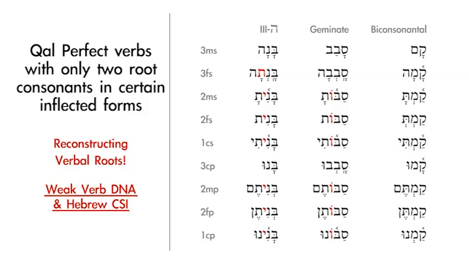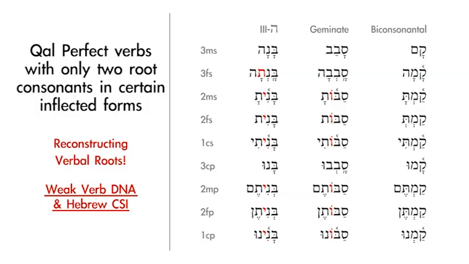With third hey verbs, we have a Hireq Yod stem vowel in all second and first person forms, and we have that strong tav in the third feminine singular form. These 2 features, the Hireq Yod stem vowel and the strong tav in the 3FS form, distinguish third hey verbs from the geminate or biconsonantal class.